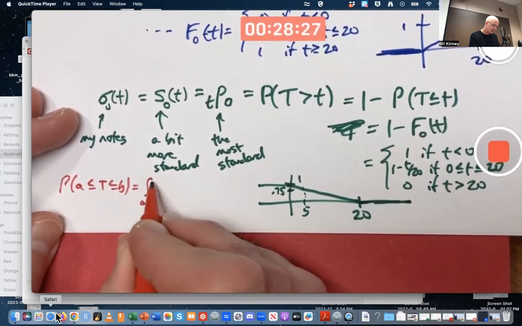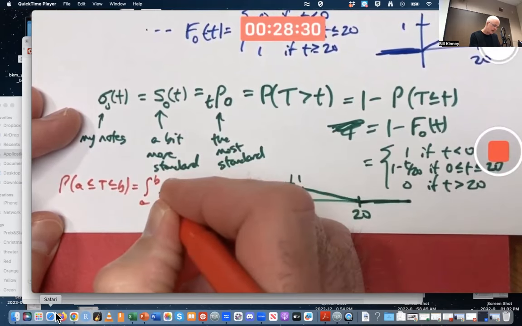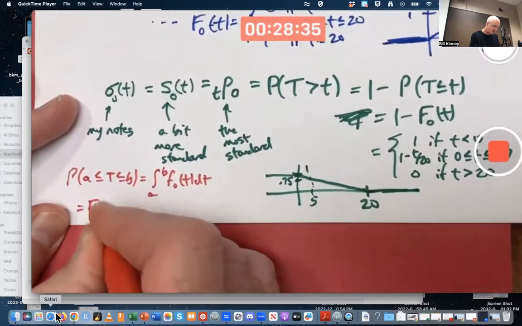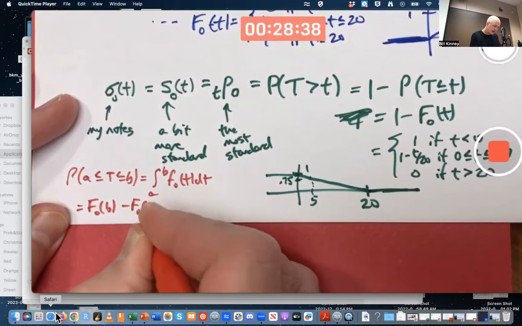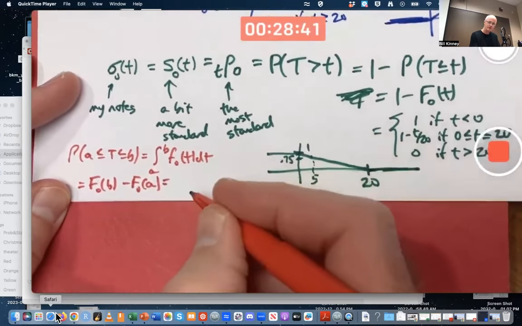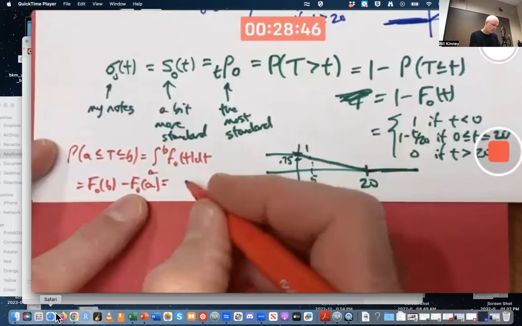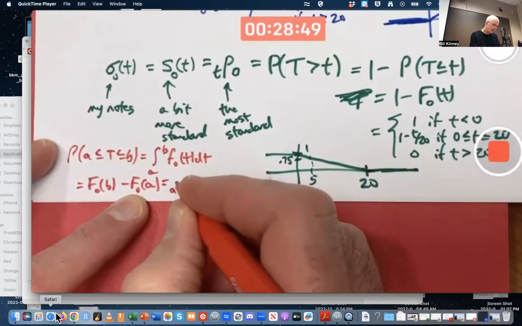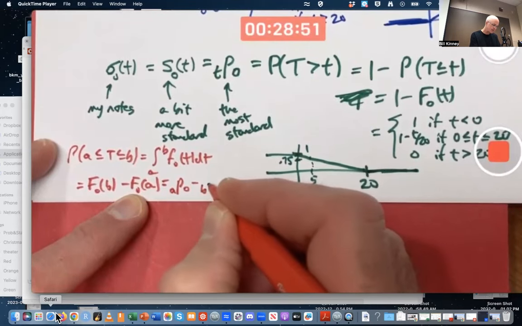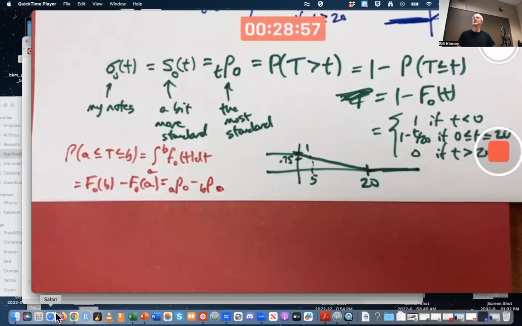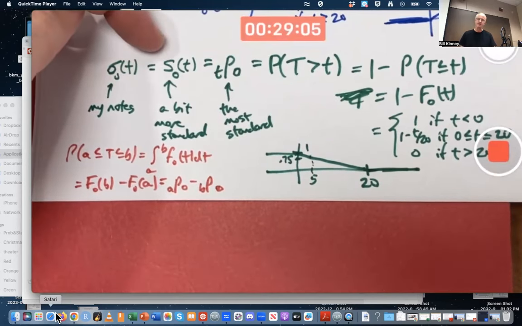That's the integral of the PDF from A to B. Yes, that's capital F of B minus capital F of A. But it's also, let me use the most standard notation, pre-subscript A P0 minus pre-subscript B P0. Notice the A and the B have switched the order compared to capital F. That's correct. I didn't make a mistake there. If I use the S notation, it would be S of A minus S of B.